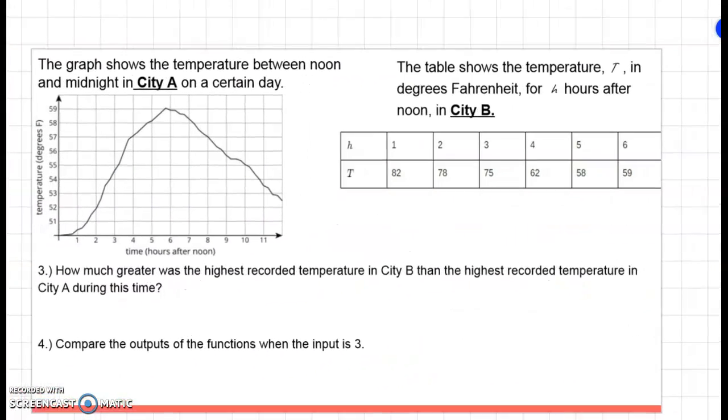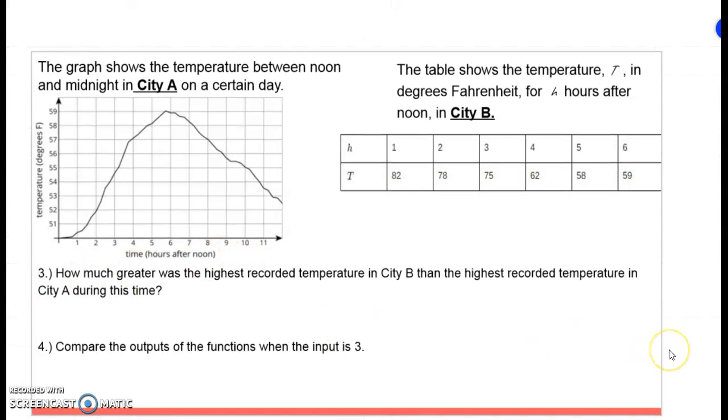More questions about these two cities. How much greater was the highest record temperature in City B than the highest record temperature in City A during this time? This part right here that says during this time, it's just talking about this certain day. It's not talking about comparing the two different times on two different axes or anything like that.